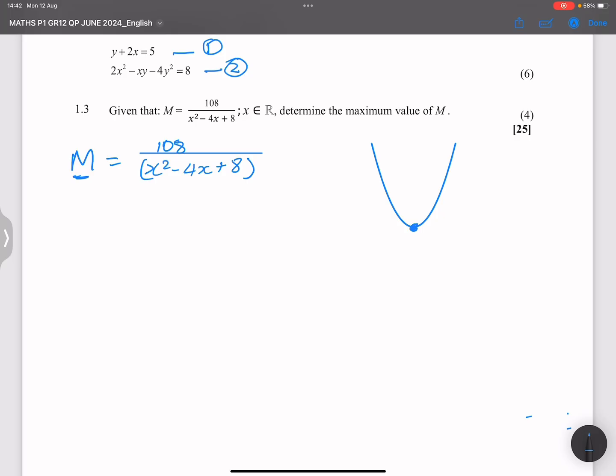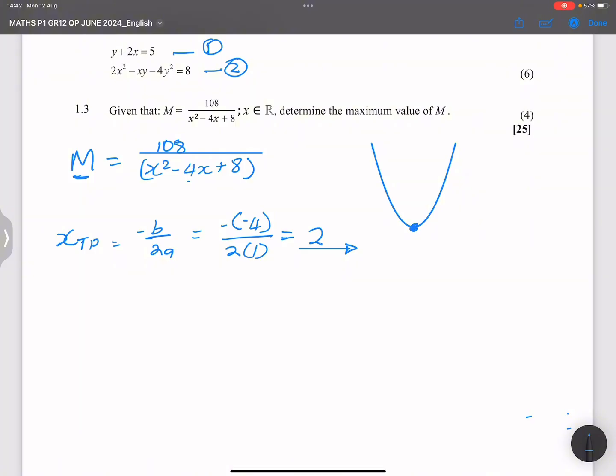So x value of the turning point, I can say minus b over 2a. So that's minus, our b value is negative 4, divided by 2a, that's 2 times 1. And so we get 4 over 2, which is equal to 2. So our turning point would be at x is equal to 2.